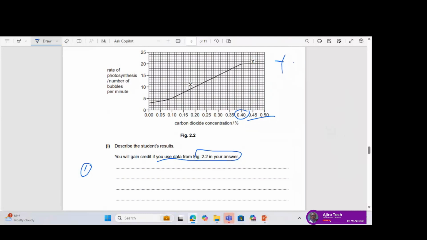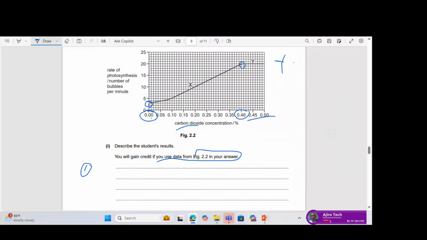What can you say at 0.0 concentration of carbon dioxide? The rate of photosynthesis was at its lowest. Even at 0.0, there was still some carbon dioxide available in the water, so the rate of photosynthesis was lowest, and it was highest at 0.40.